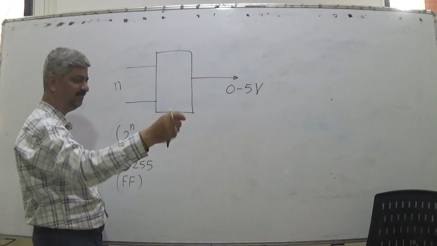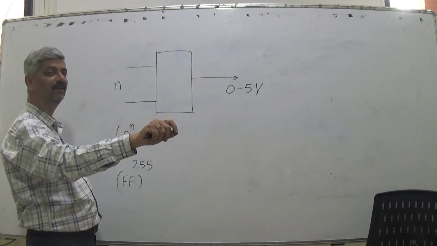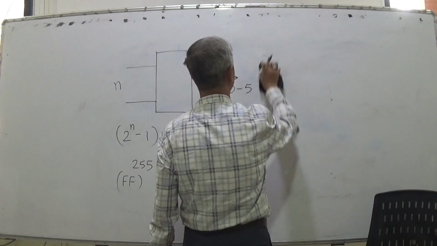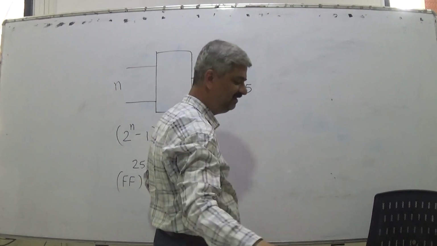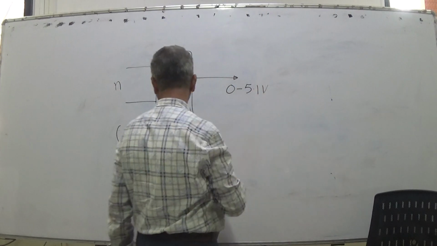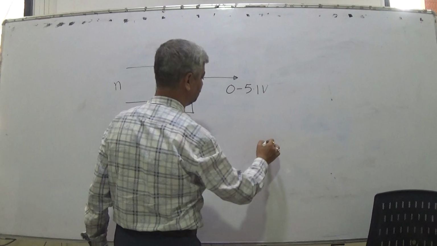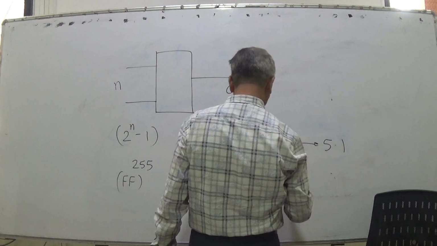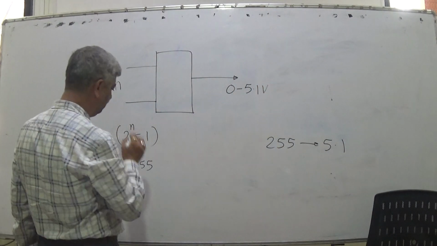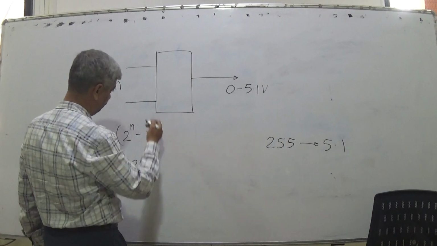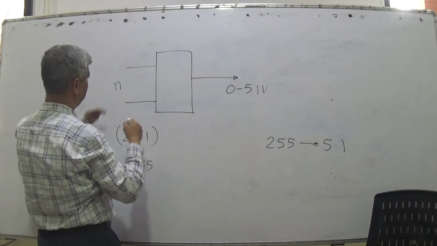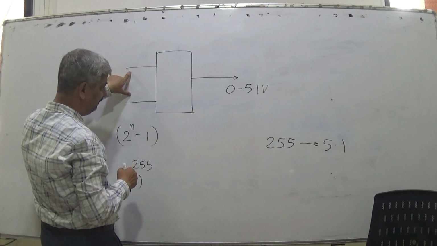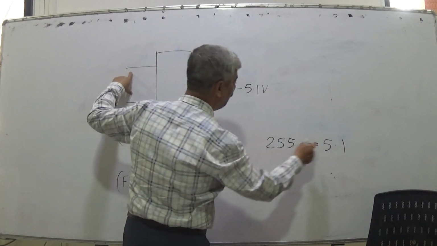Or you can have a scaling adjustment, and the best way, for calculation simplicity, is 5.1 volts. That means FF, that is 255, is mapped to 5.1 volts, so one step is 20 millivolts.